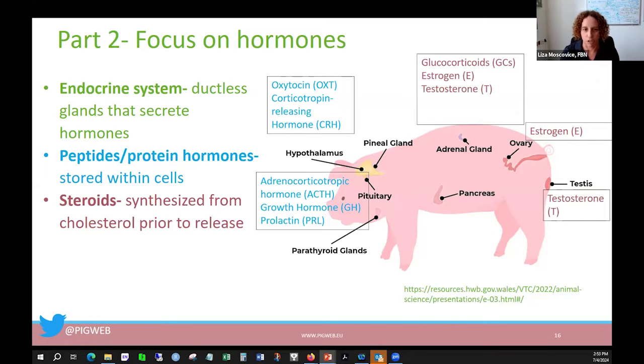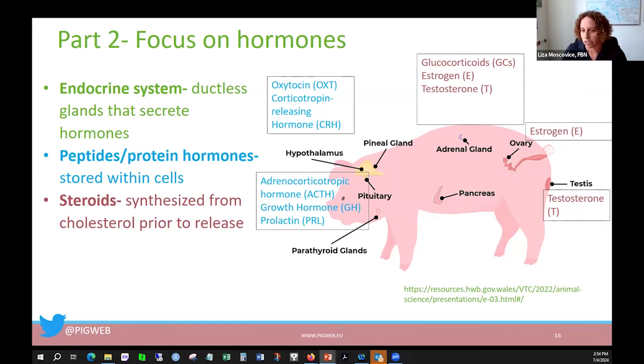The second main class of hormones are the steroid hormones. These hormones are synthesized from cholesterol prior to their release, and they can't be stored. So really all the available hormone has to be synthesized and then released. The main steroids that people know about a lot are the glucocorticoids, including mainly cortisol in most mammals, and corticosterone, which is the main glucocorticoid in rodents and also exists in other mammals, and which is synthesized in the adrenals.